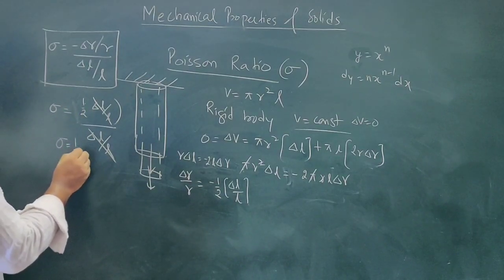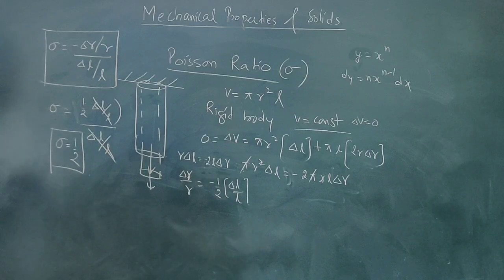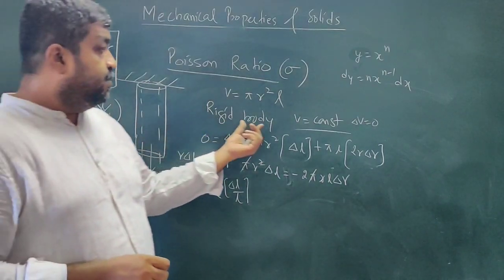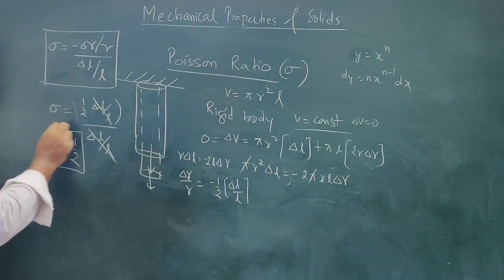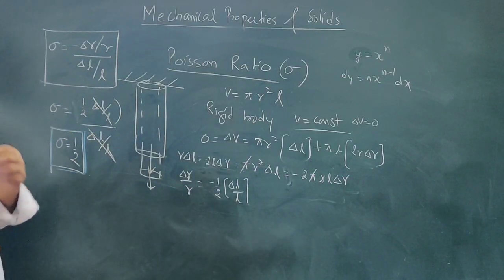So sigma is equal to 1 by 2 for what kind of objects? For a perfectly rigid body, the Poisson ratio is 1 by 2.